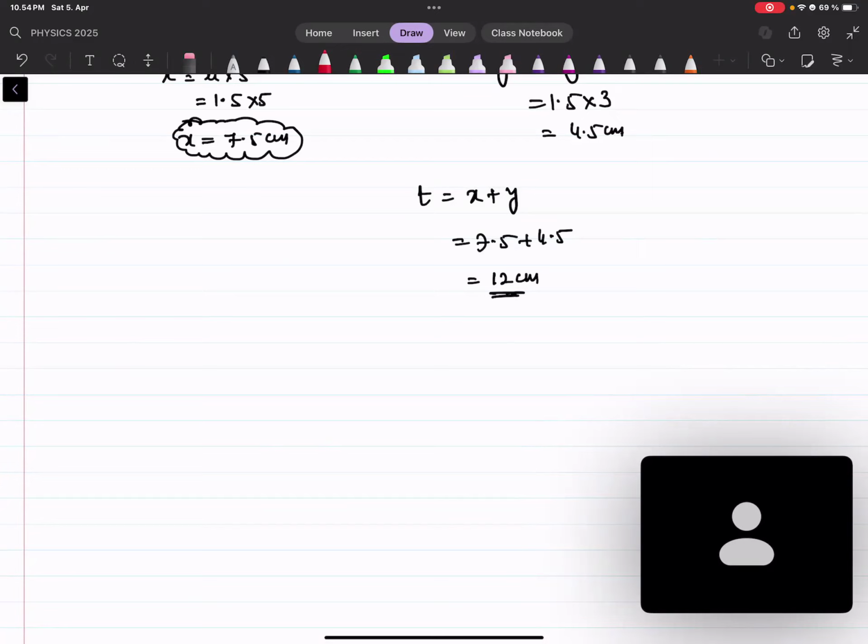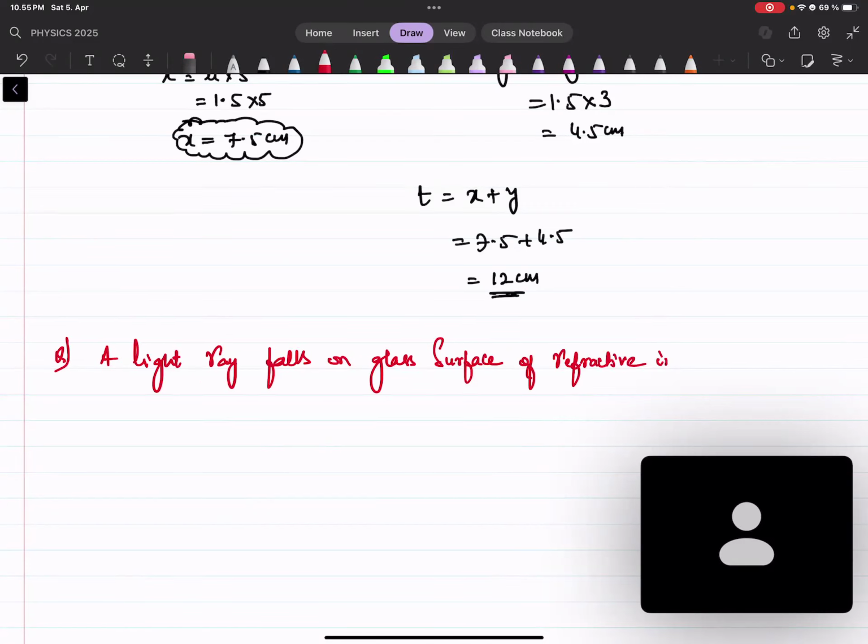Now come on, take a white paper and start doing the problem with me fast. Before I complete the question, you should be in a position to do the problem. First question: a light ray falls on a glass surface of refractive index root 3 at an angle of 60 degrees.